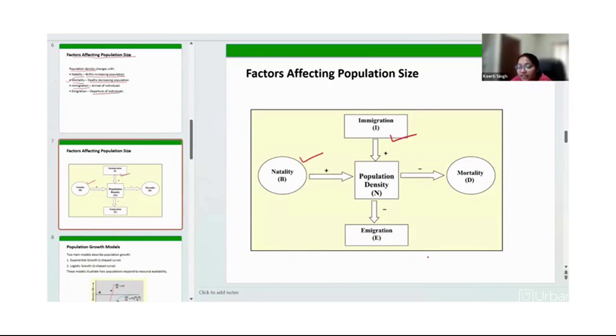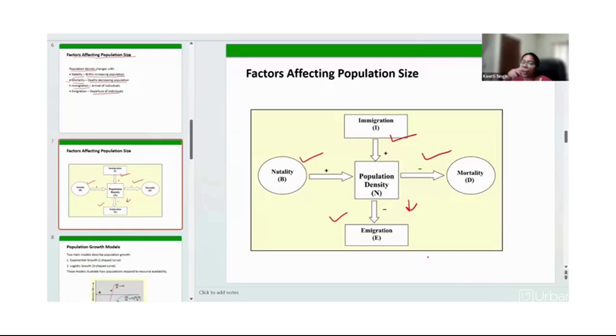And if there is an increase in the number of deaths, it will decrease the population density, or if more individuals are going out from that particular area. Say if we are talking about India as a country, immigration means how many foreign individuals from different countries are coming to India, and emigration is how many Indians are going outside this country and settling in a different country.